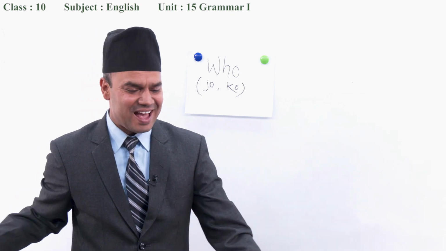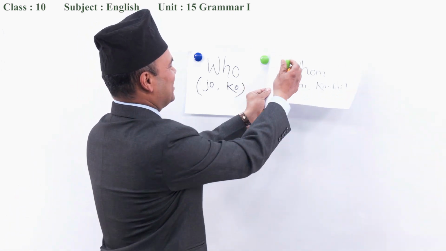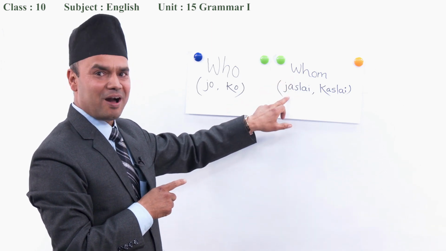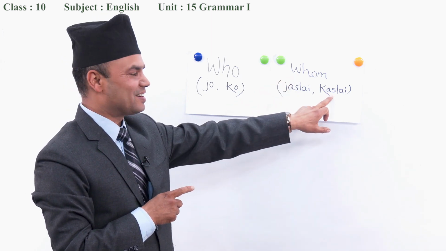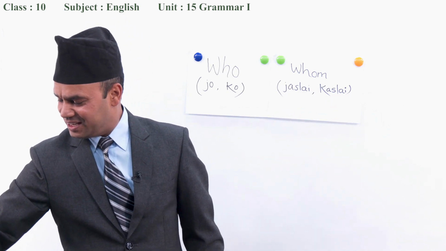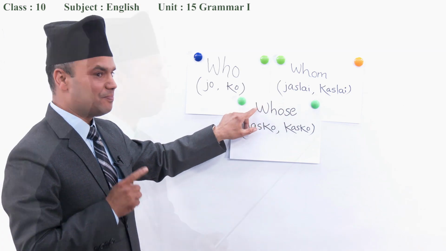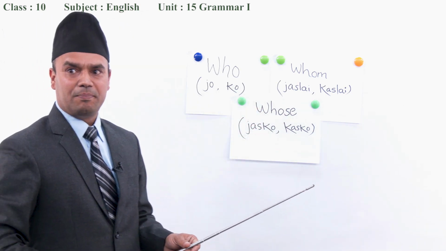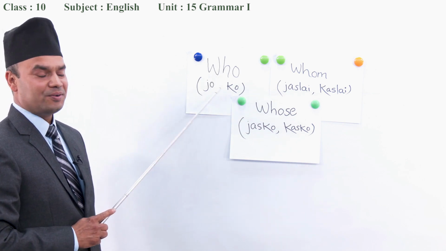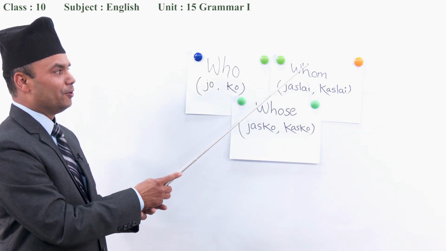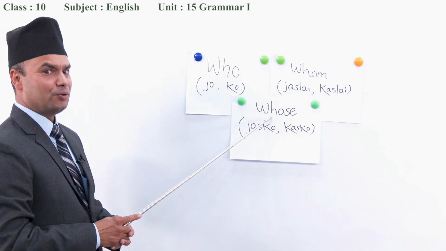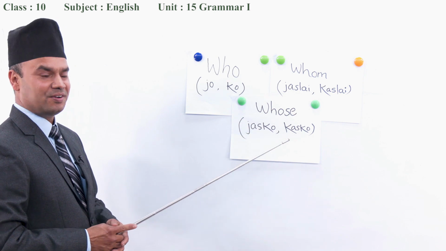Then after, another is whom. In Nepali, jaslai, kaslai. And then another is whose. In Nepali, jasko, kasko.